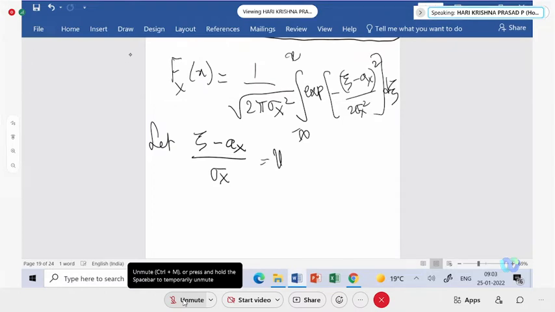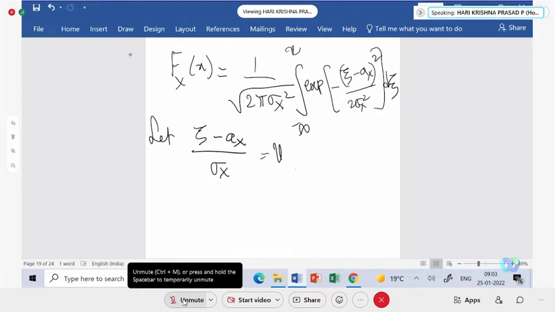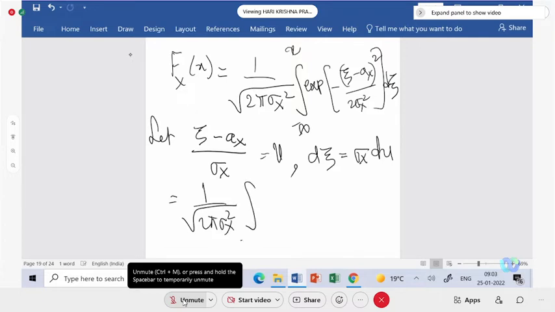When I use that, d xi becomes sigma x times du. When you substitute this, the terms become minus u square by 2, minus u square by 2 d xi.